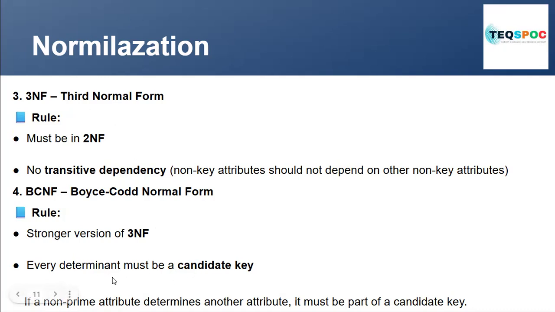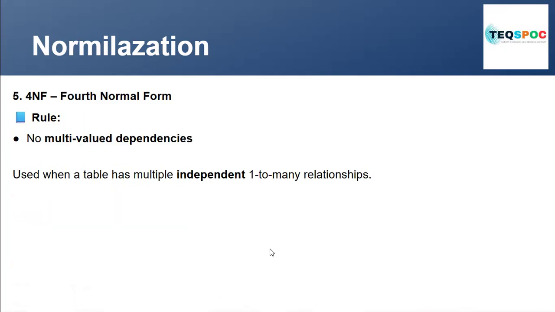Every determinant must be a candidate key. We have seen what a candidate key is, a combination of two or more columns. If a non-primary key attribute determines another attribute, it must be part of the candidate key. Then the fourth: no multi-value dependency exists. It is used when a table has multiple independent one-to-many relationships. That should not exist.